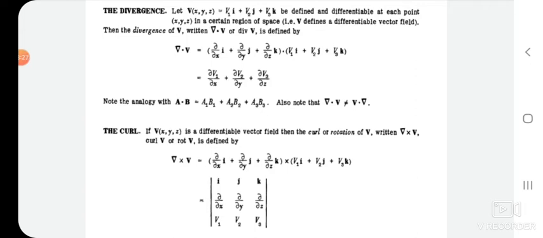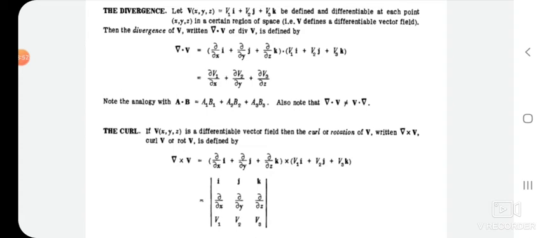The curl is nothing but simply the cross product of the differential operator, that is del, with a given function v. That's why del cross v is equal to (i ∂/∂x + j ∂/∂y + k ∂/∂z) cross (v1 i + v2 j + v3 k).